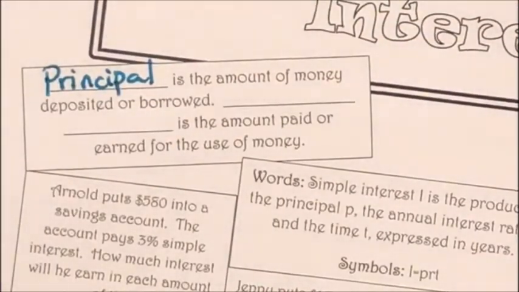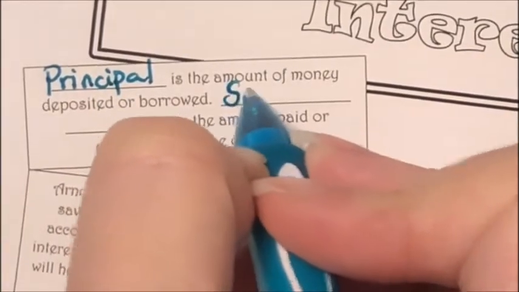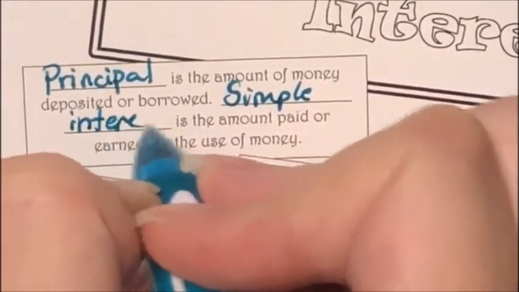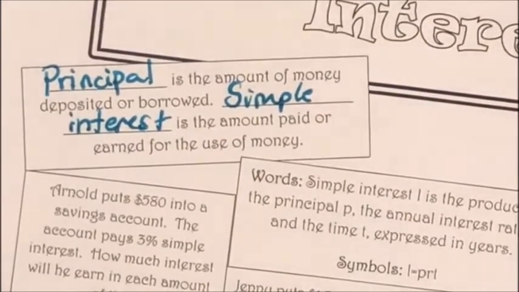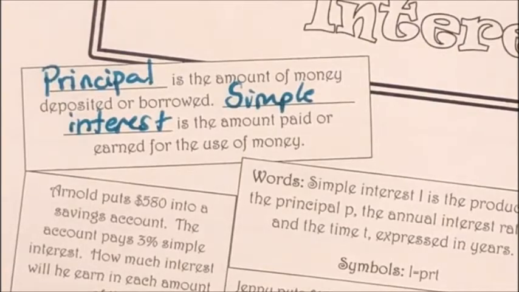Principal is the amount of money deposited or borrowed. In the second two blanks, you're going to write simple interest. Simple interest is the amount paid or earned for the use of money.